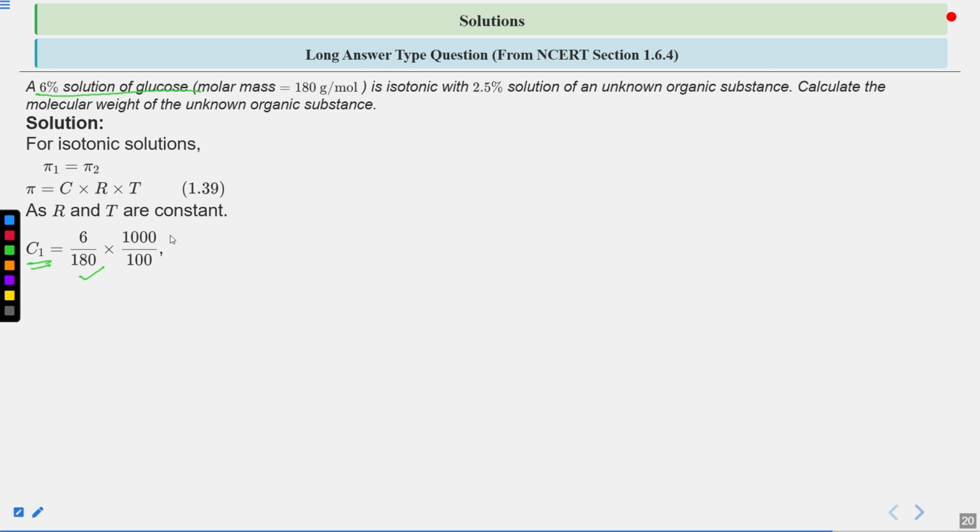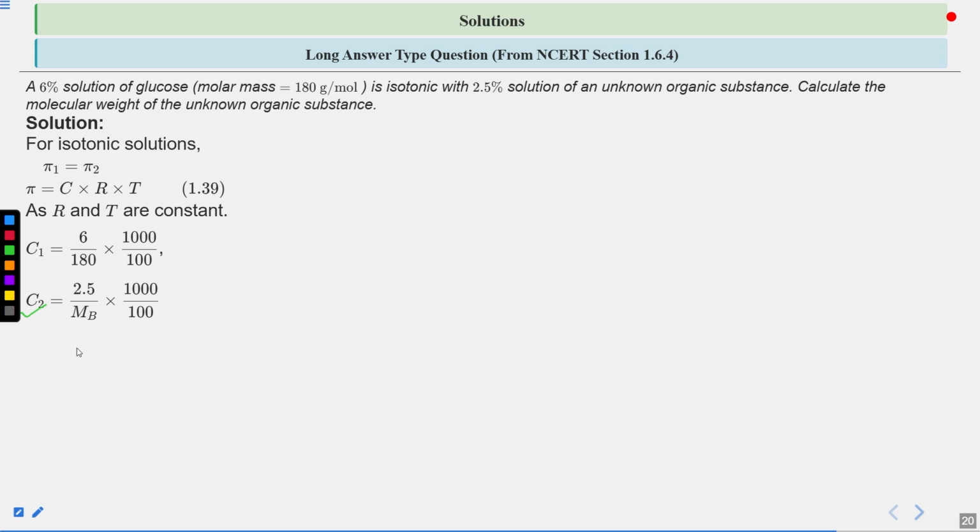So the number of moles is the mass, 6, upon the molar mass, 180, divided by the volume, which is 100, and you multiply by 1000 for the unit conversion. We put this formula for the concentration, and we also calculate C2.